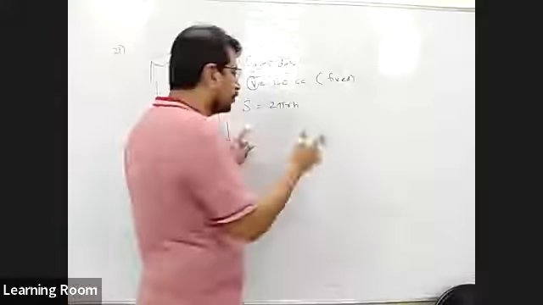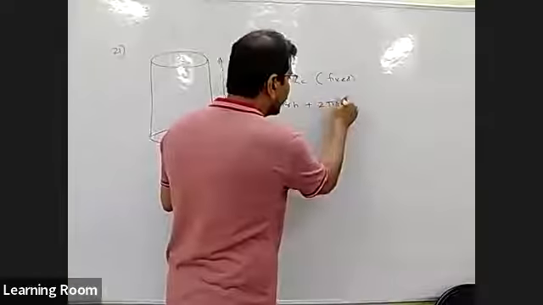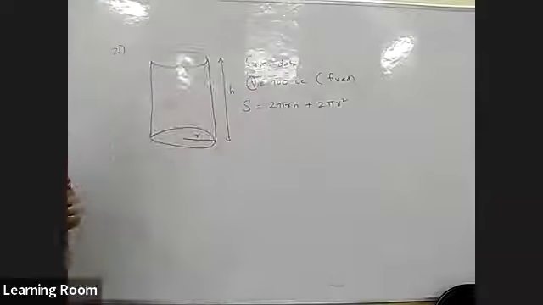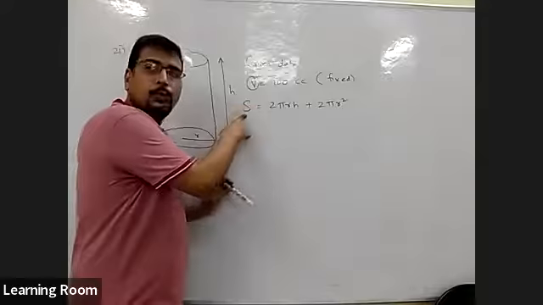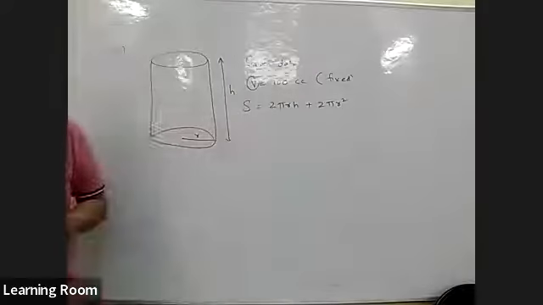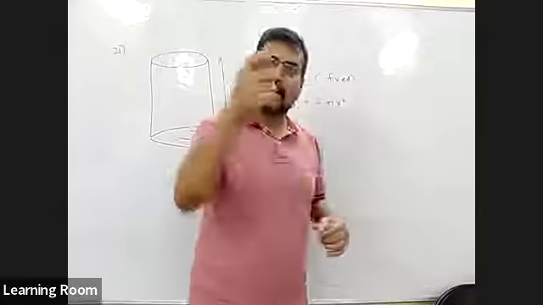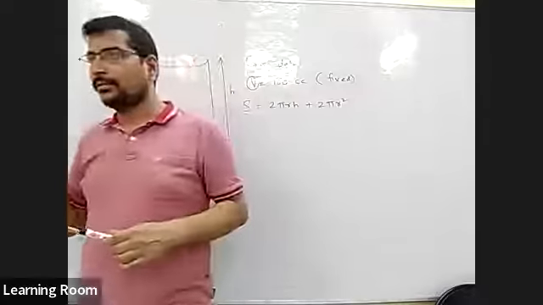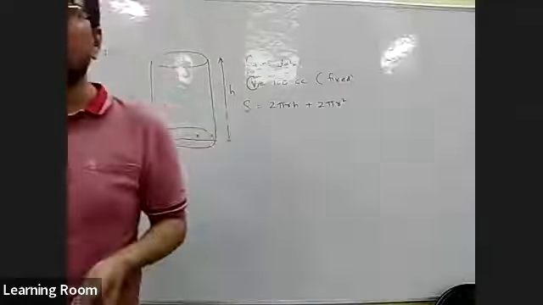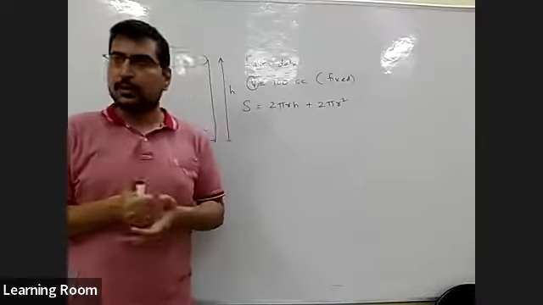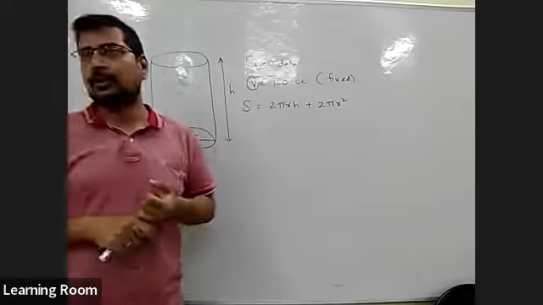If they just mention surface area, never forget this. So they want the surface area to be the least. Am I clear on this one? Now the next step is whichever physical quantity is supposed to be least, that you need to differentiate. Correct? Then application of maxima and minima. When you want to differentiate it, what is the first thing you need to ensure?